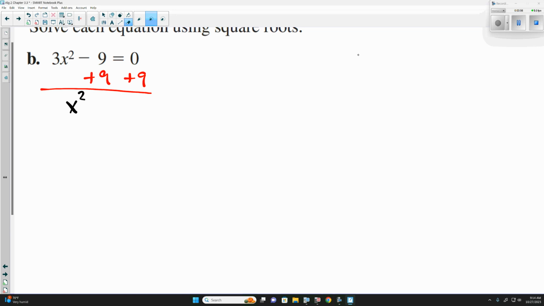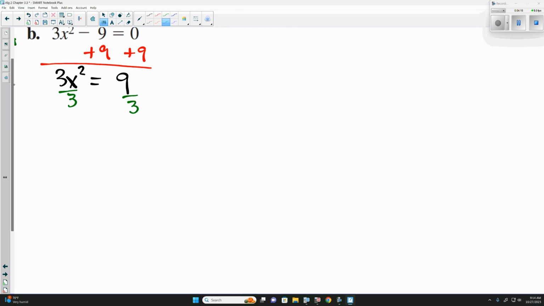Otherwise, let's do addition and subtraction first, and then do multiplication and division last, just so we're not having to move whatever that term is after division over. But now, since we do have x squared by itself, we can divide both sides by 3, which tells us that x squared is equal to 3.